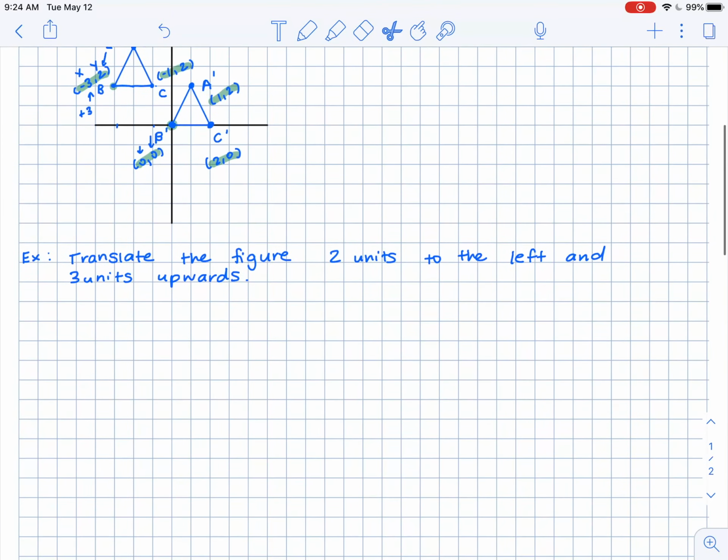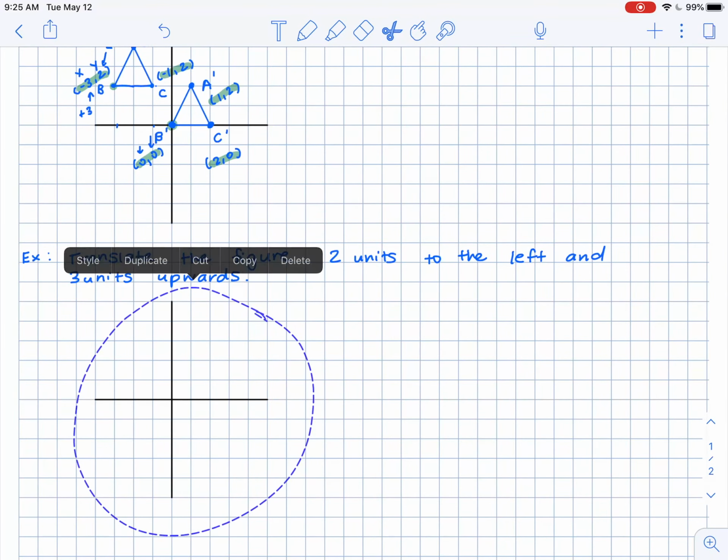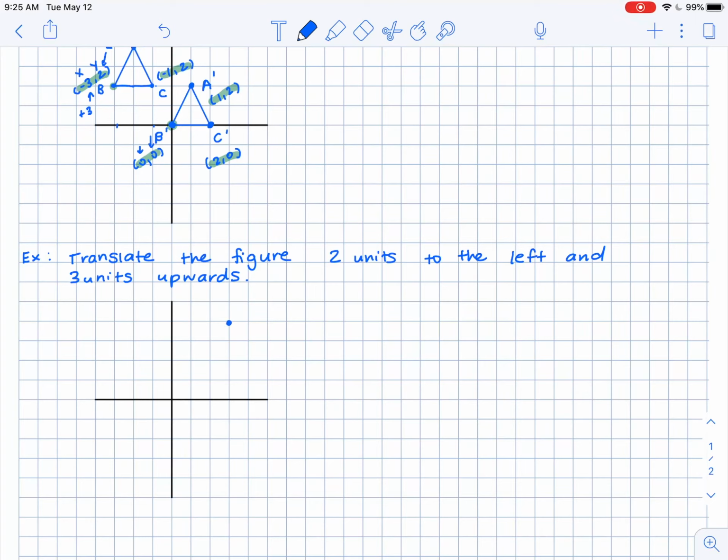Okay, so here's my triangle, A, B, C. Try sliding these in the directions that I've given.